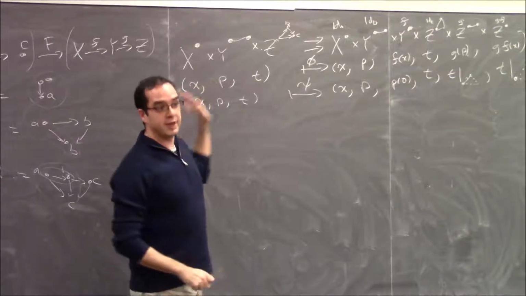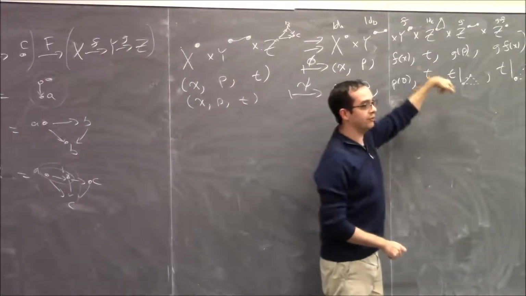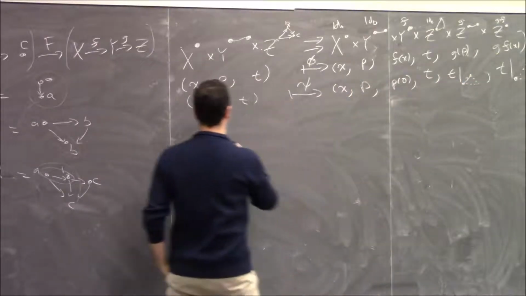Okay, so we want to take the equalizer, which means we want to get everything where these two things are equal.